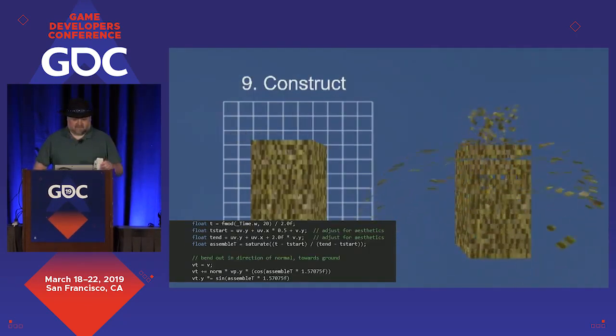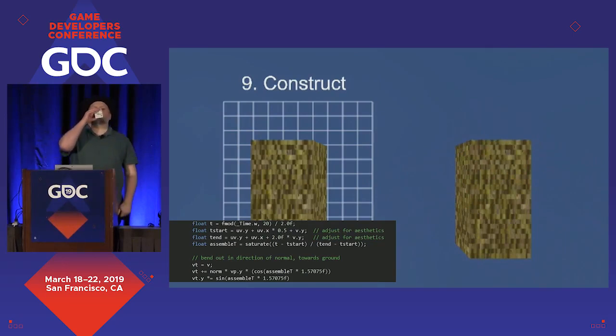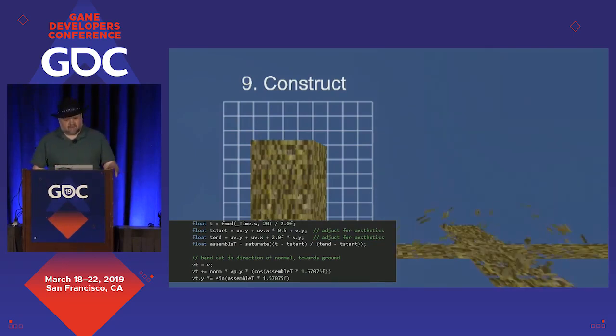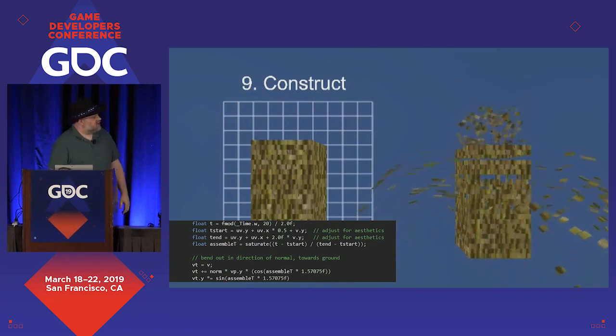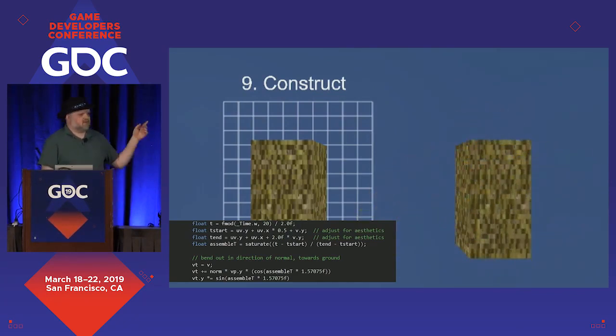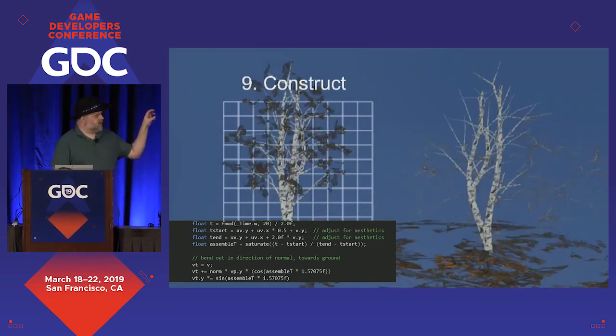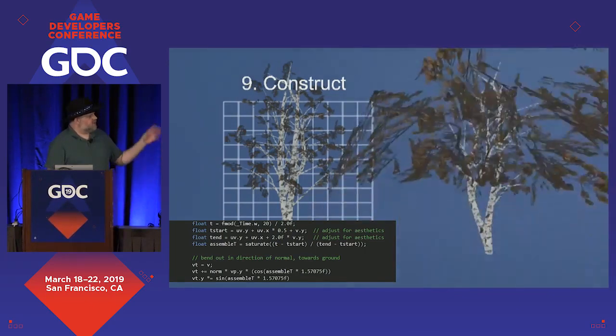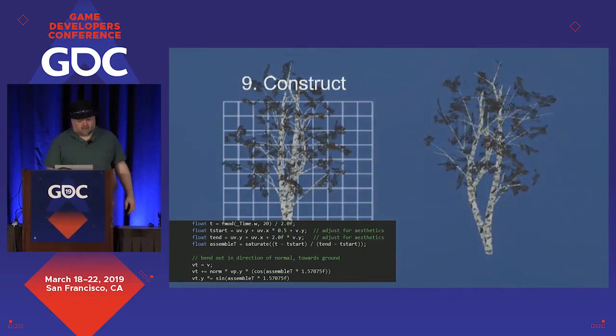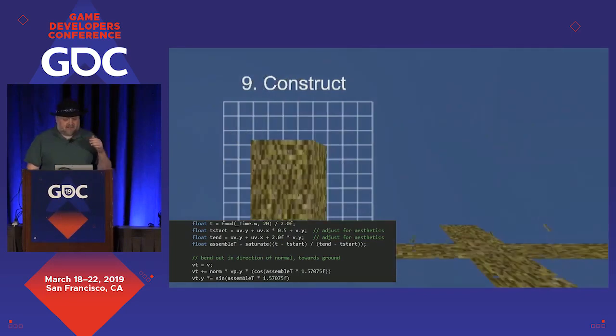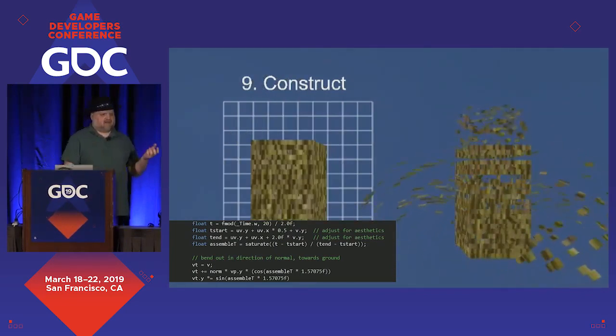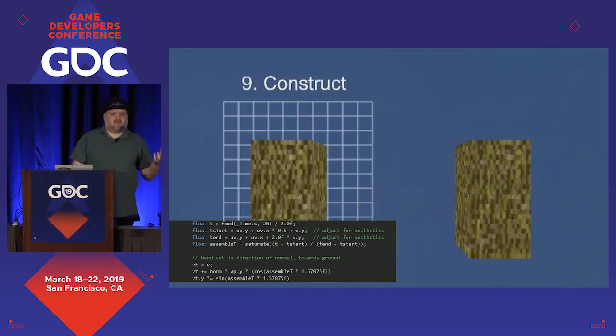Here's another fun one. So this is construction, and these pieces don't have to be squares or triangles. This is just me throwing something together in Unity. But the idea here is that we actually have a lot of parameters on any of our meshes to play with.